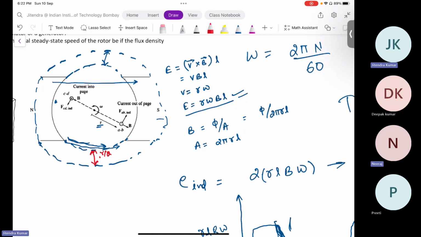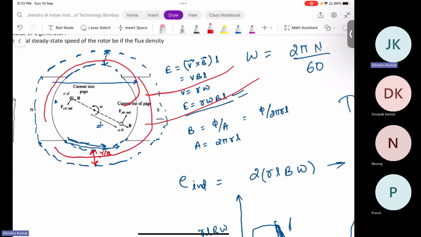Sir, in this cylindrical surface, from the N side flux is coming, from the S side flux is going out. Right, that is correct. Yes, so they are not going out into the air. They will come back through this core, right? You have this iron core.